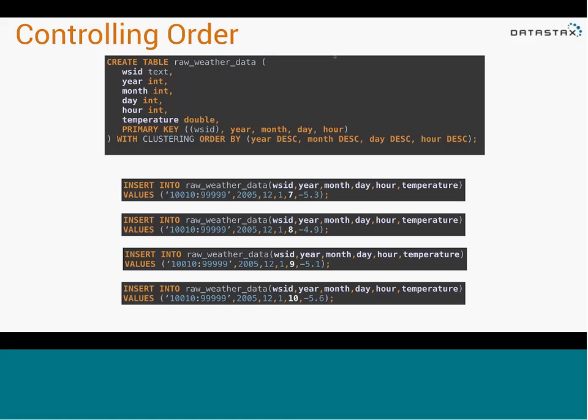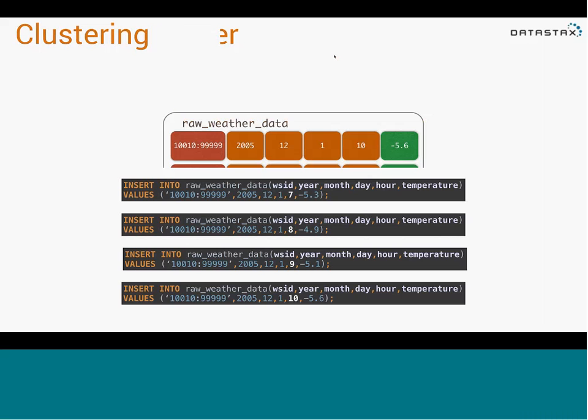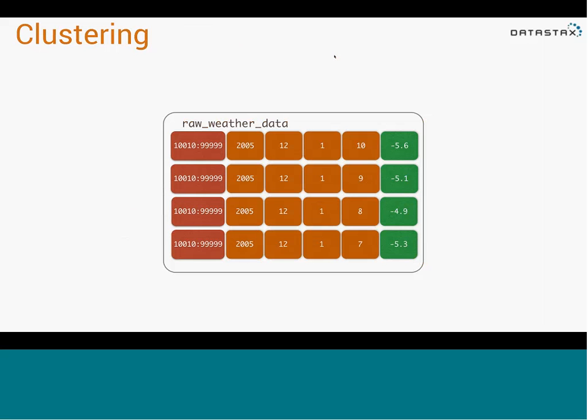The natural sort order for integers is ascending. I've overridden that and made the integers all descending. So basically what I've created is a reverse data model. Oh, I see. That way the newest data is going to be at the top all the time, because it's probably the data that I access most often, rather than the newest data being at the bottom.